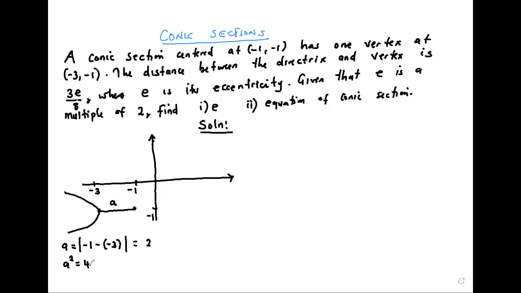And then we are also told that the distance between the directrix and the vertex is 3e/8. Now, what is the expression for the distance between the directrix and the vertex? Remember, in the other one, we said the distance from V to the directrix is given by a minus a/e.